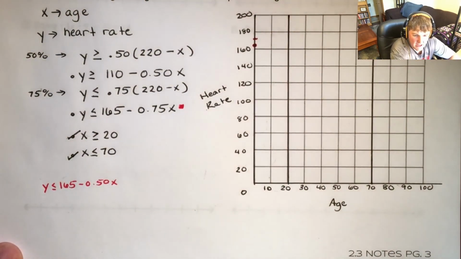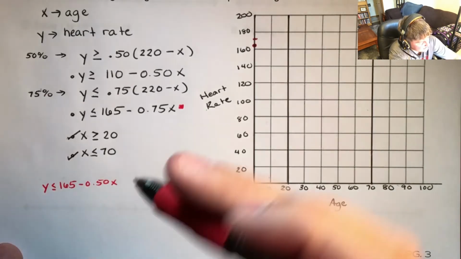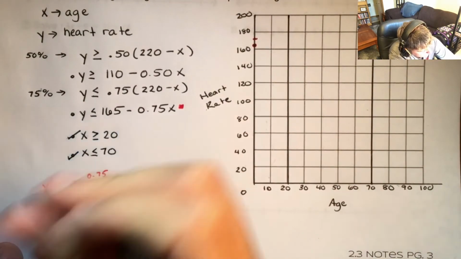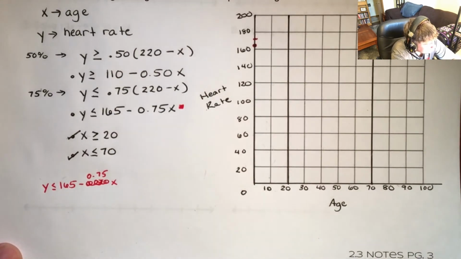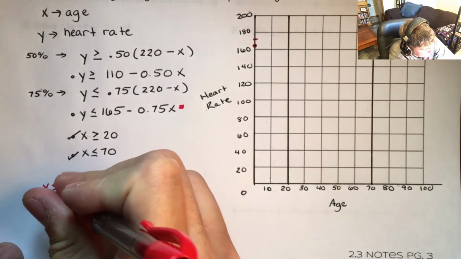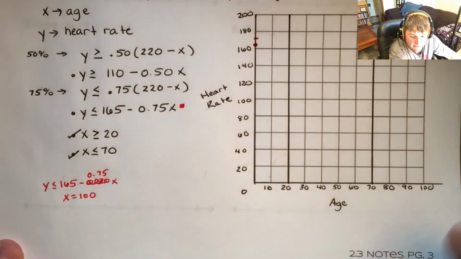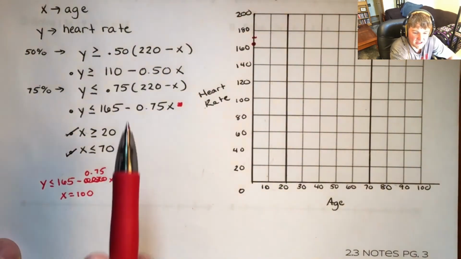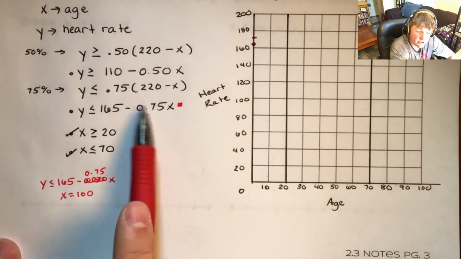So let's go ahead and pick, oh, this is 0.75 here too. Let's pick 100. So we're going to pick x equal to 100 and find the y value that goes with it. I picked 100 just because I know that's going to multiply well by these decimals.